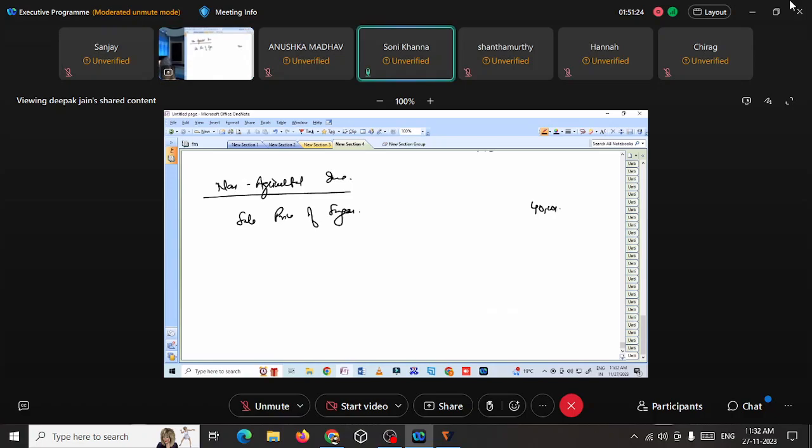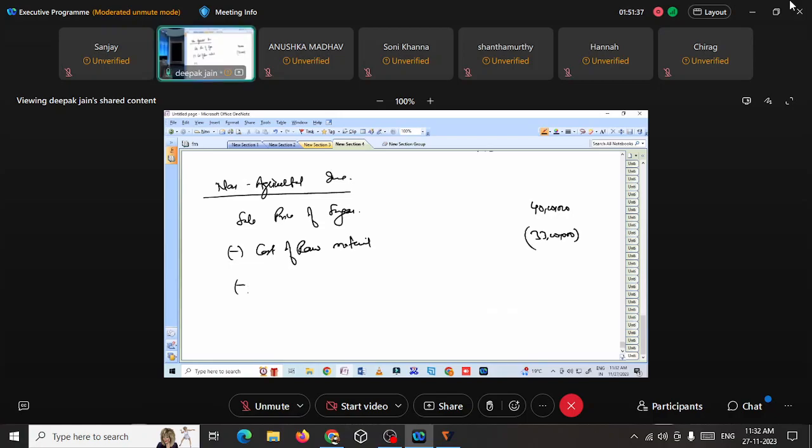Minus cost of raw material, that is fair market value of sugar cane, 33 lakh, minus manufacturing and other expense, that one is 3 lakh.